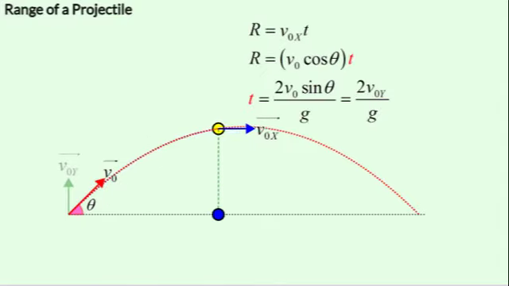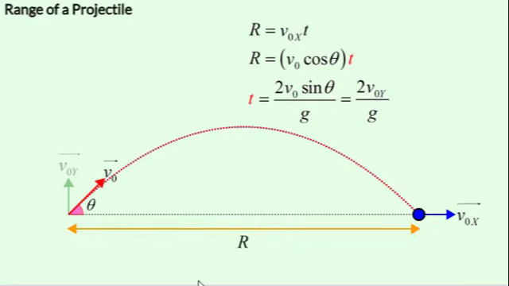Since the x velocity of the projectile remains constant and there is no acceleration along the x direction, the displacement of the projectile along the x-axis will be similar to that of the ball sliding along the floor with a constant velocity. And when the projectile lands, the x displacement would give us the range of the projectile.